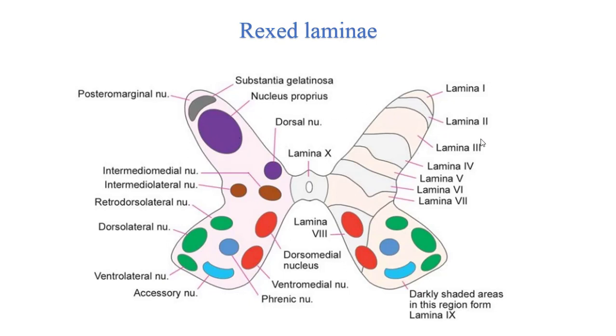Together, laminae 1 to 4 form the head of the posterior horn of the gray matter and are responsible for relaying mostly sensory information from the skin, or exteroceptive sensations.